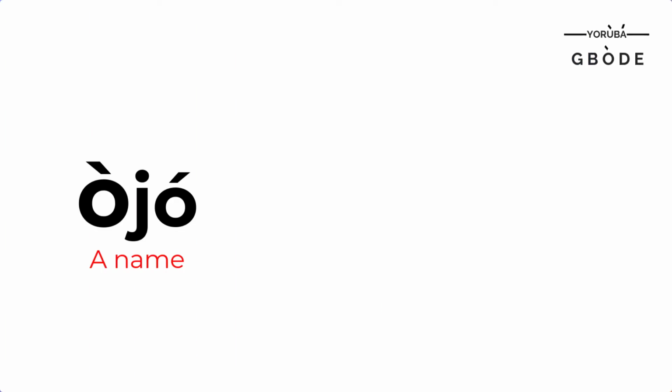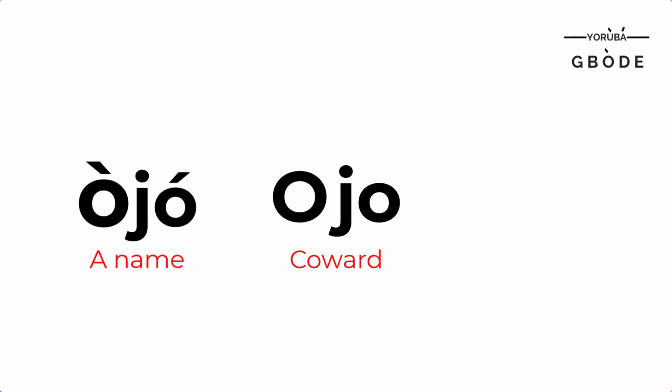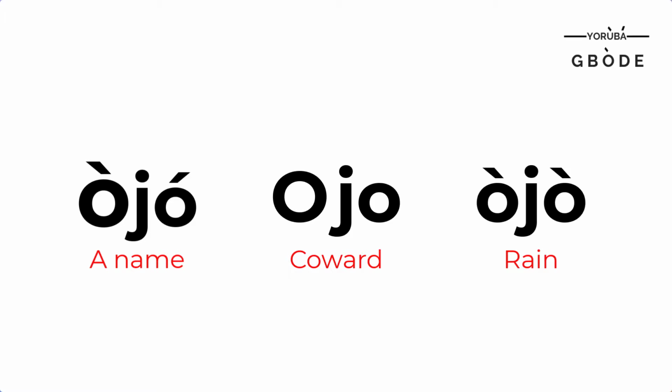For example, let's look at Ojo. Ojo, a name of a person. At the same time, we can talk of Ojo, a coward. At the same time, you can talk of Ojo, rain.